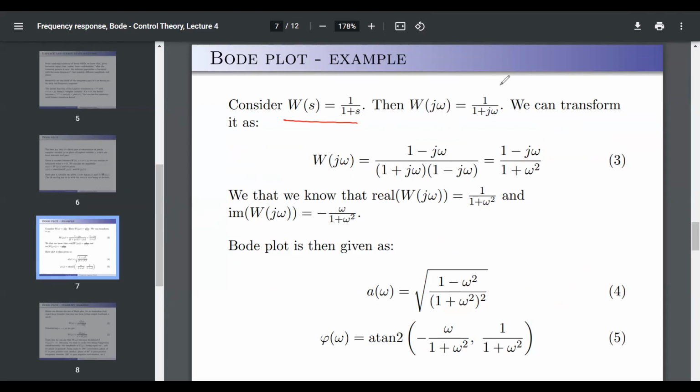We want to compute its Bode plot. Again, what we want is its amplitude in decibels and its phase in degrees. So first we substitute here, instead of the Laplace variable, this frequency domain complex variable, j omega. And that's what we get.